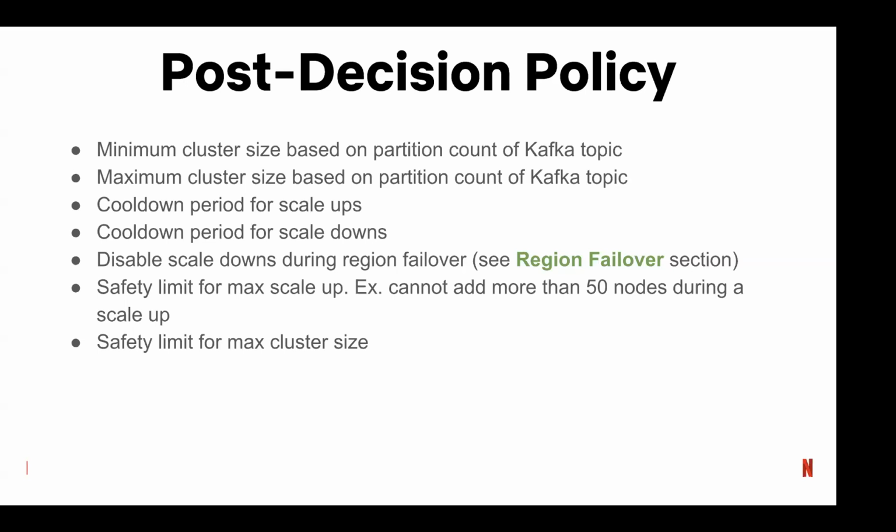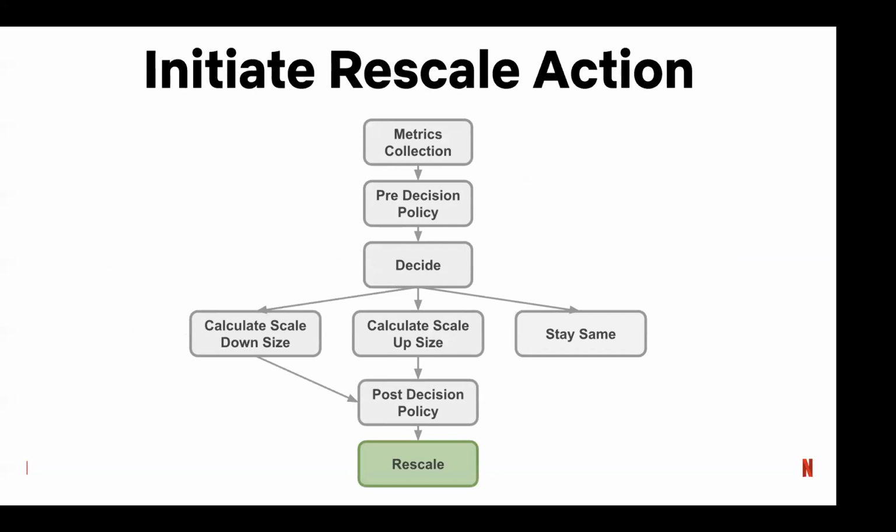So we have some hard limits on all the cluster sizes there. After we pass through the post-decision policies, we're ready to initiate a rescale action and call the control plane to resize a cluster. So that's the high level design and flow of autoscaling.